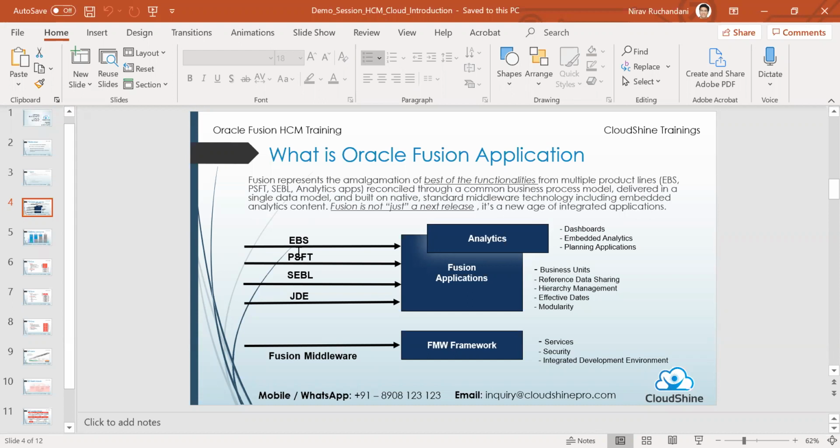So this is basically how Oracle Fusion application has evolved or grown over the years. It's a combination of the best practices that these different systems bring in. So Oracle picked up the leading practices of e-business suite, PeopleSoft, Siebel, and JD Edwards over the years, and came up with a solution called Oracle Fusion applications.